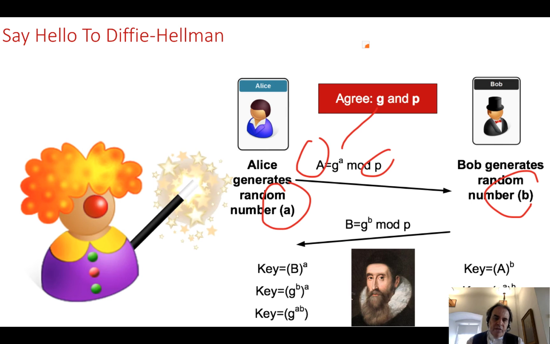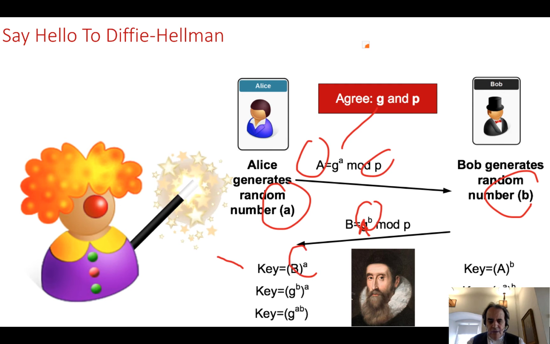It's very difficult to determine what the value of a was from that result because of our prime number. And then Bob on the other side takes the b value and sends back the value that he receives back to Alice.